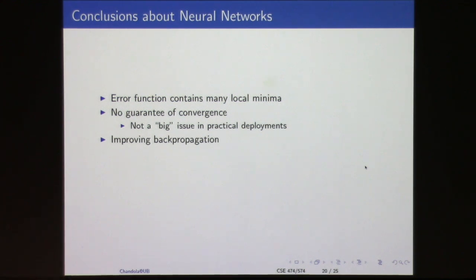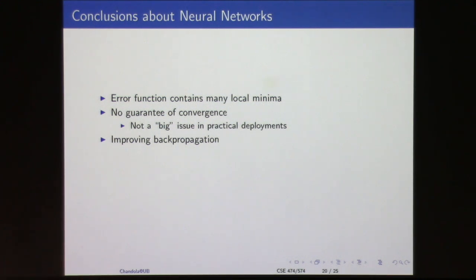It's no longer a function of x and y, it's a function of many weights. So there is no guarantee that it will be convex in all of them. It might have some local minima as well, which means that there is no guarantee of convergence with these kinds of methods. It won't converge to the optimal value all the time.